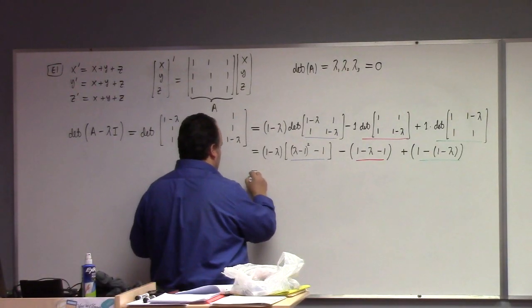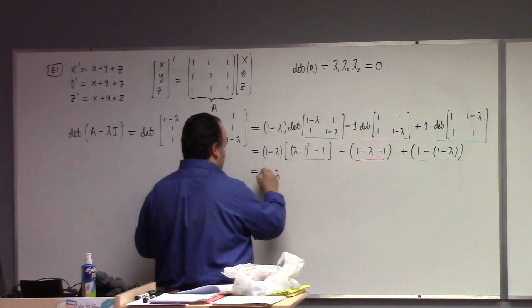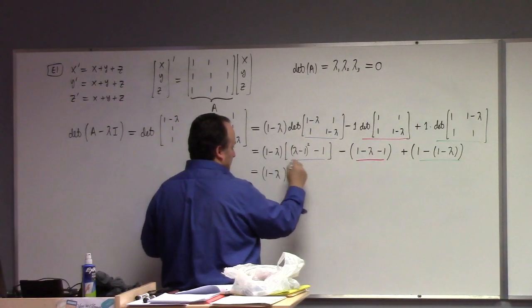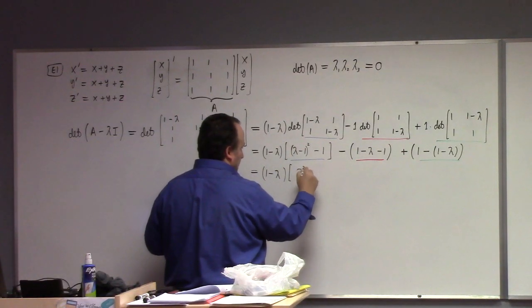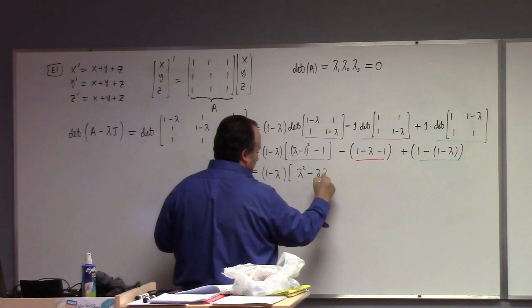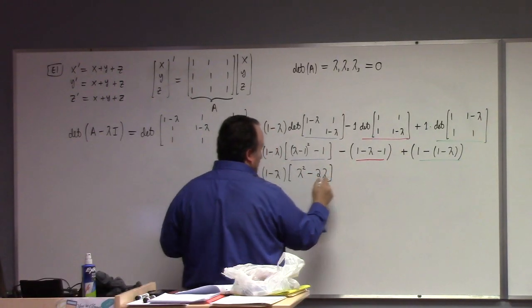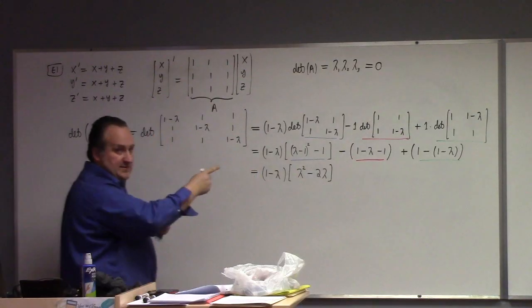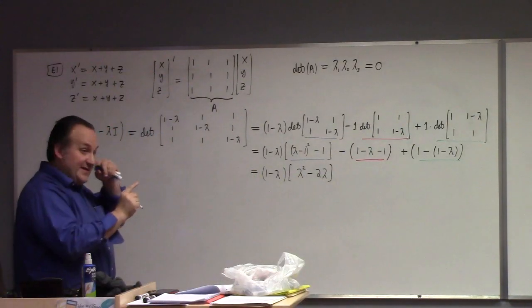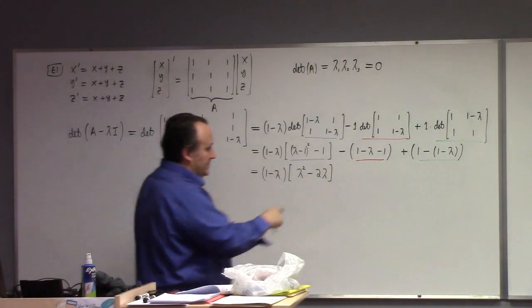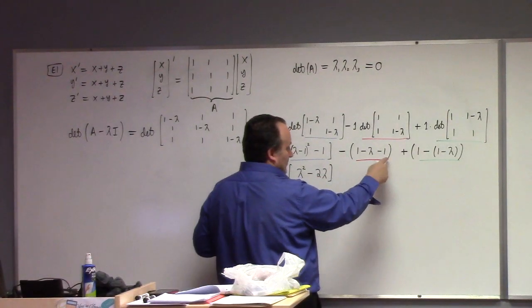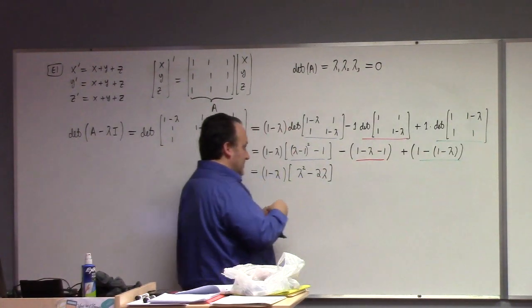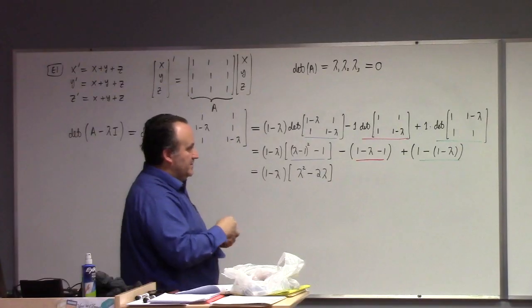We have 1 minus lambda times what? Well, this is lambda squared minus twice lambda, right? And that's it. Because I get a plus 1 and then a minus 1, the 1 and the minus 1 cancel inside that bracket, right? How about this here? See that cancellation?